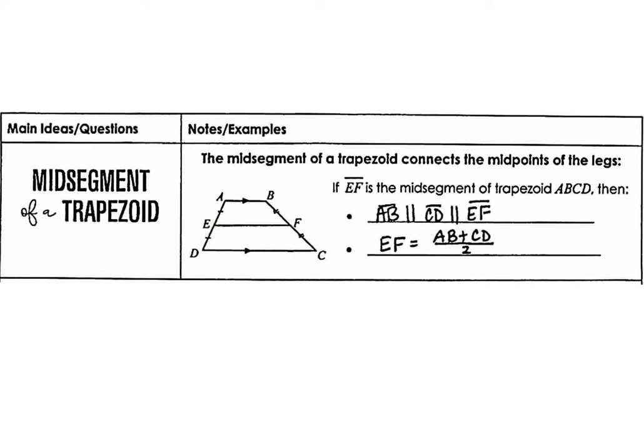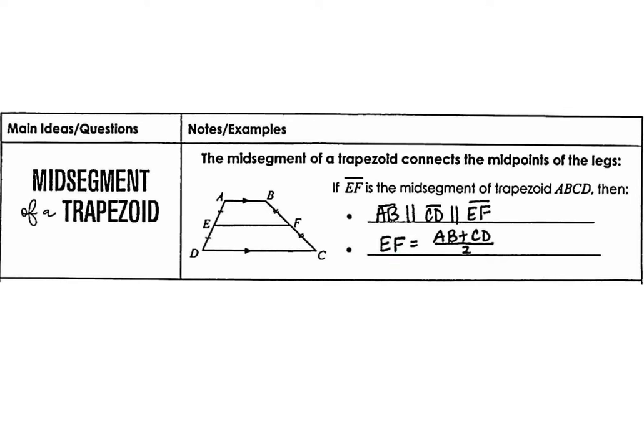If EF is the mid-segment of this trapezoid ABCD, there are some characteristics that happen here. First, all 3 of these lines are parallel. We already know by definition for a trapezoid that AB is parallel to DC. But if you put the mid-segment in there and those are the midpoints, then EF is also parallel to those 2 lines. So EF is parallel to AB and to DC. Okay?